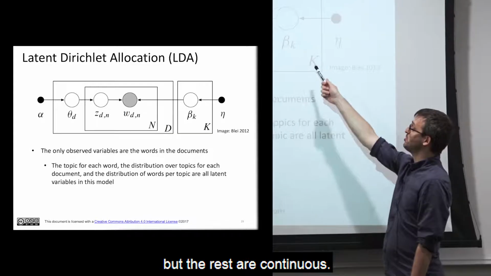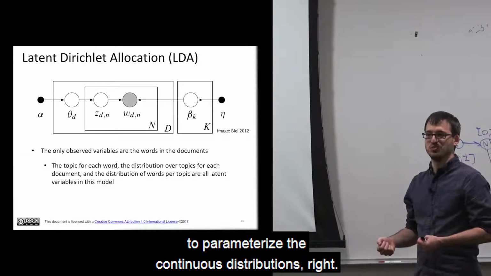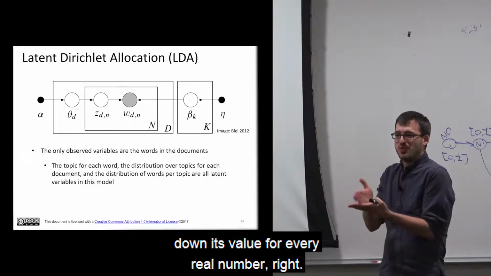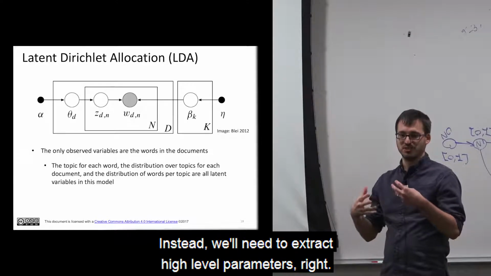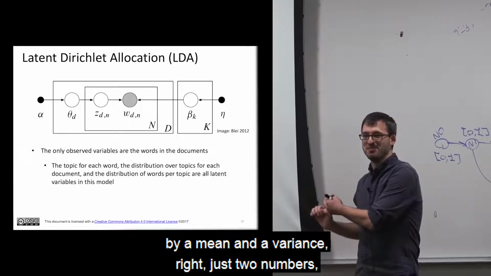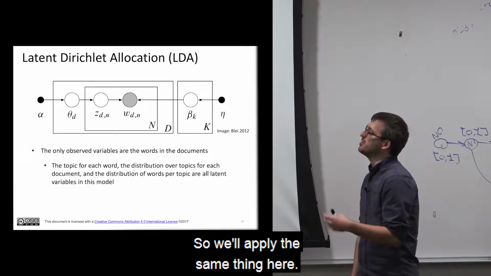One of which is discrete, but the rest are continuous. We'll need to parameterize the continuous distributions. For a continuous distribution, we can't write down its value for every real number. Instead, we'll need to extract high-level parameters. For example, a Gaussian distribution is described by a mean and a variance, just 2 numbers, not an entire continuum. So we'll apply the same thing here.